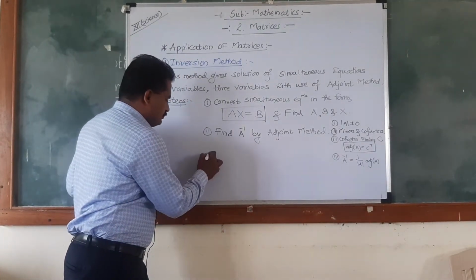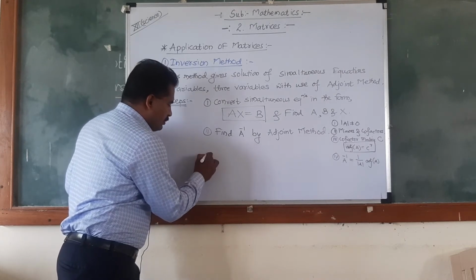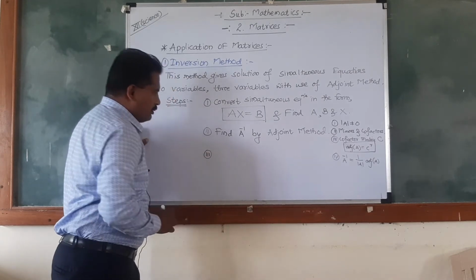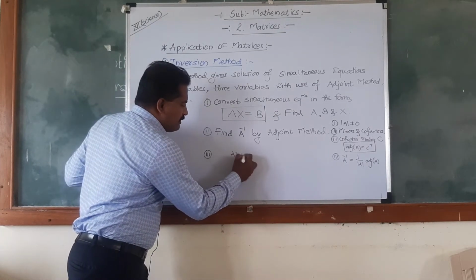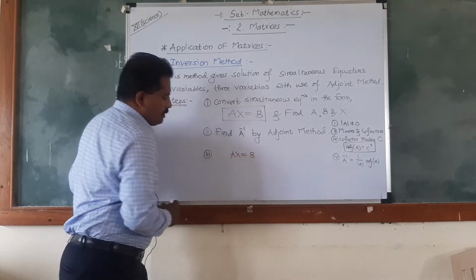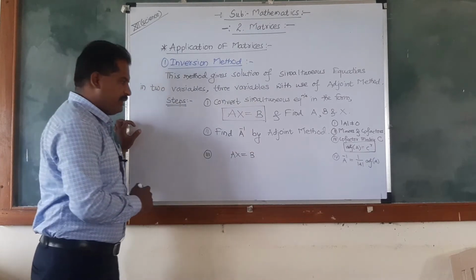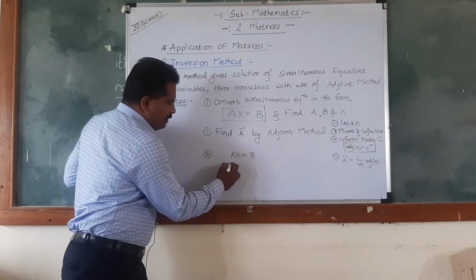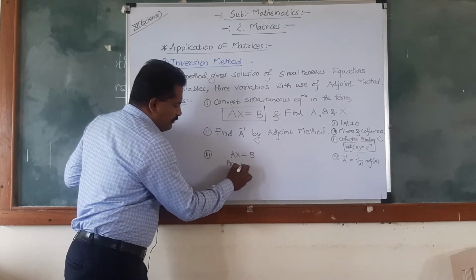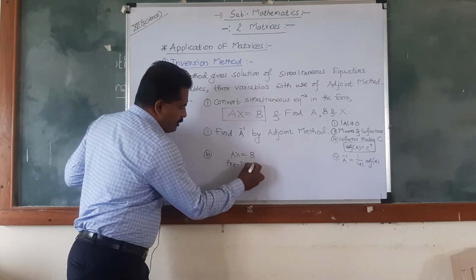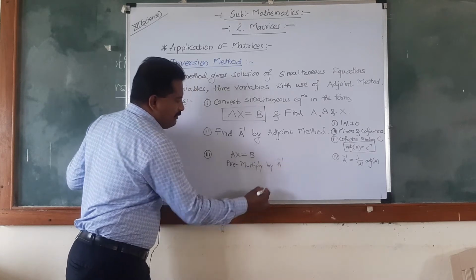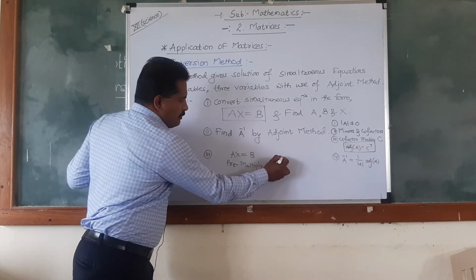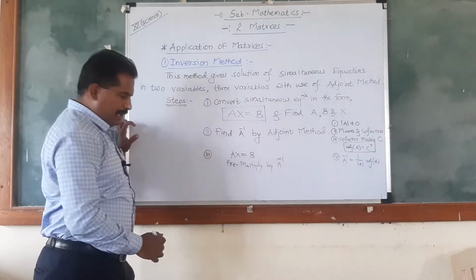Now, in last step, Ax is equal to B. Then pre-multiply by A inverse.